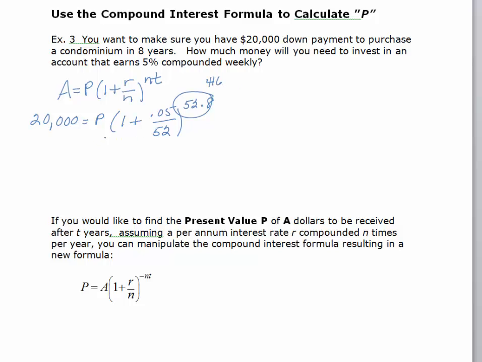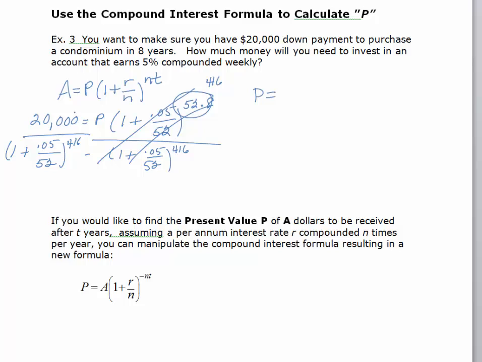So in order to solve for P, I'm going to divide both sides by (1 plus 0.05 over 52) to the 416. On this side this cancels. And so I'm left to type this into my calculator.